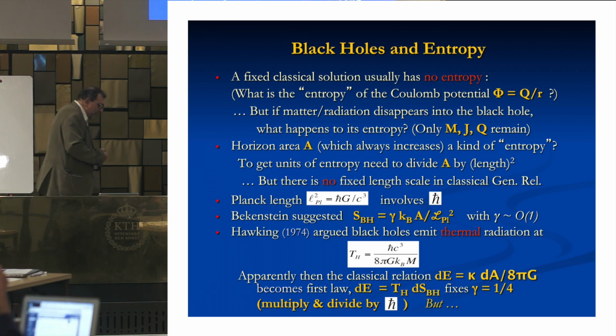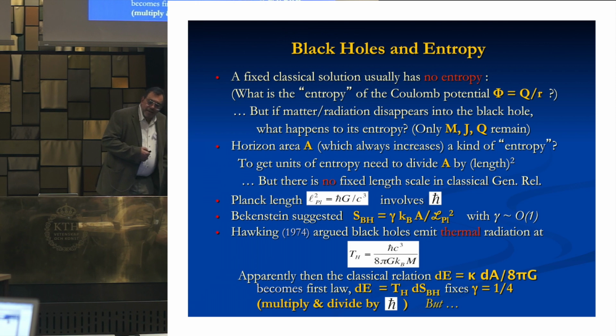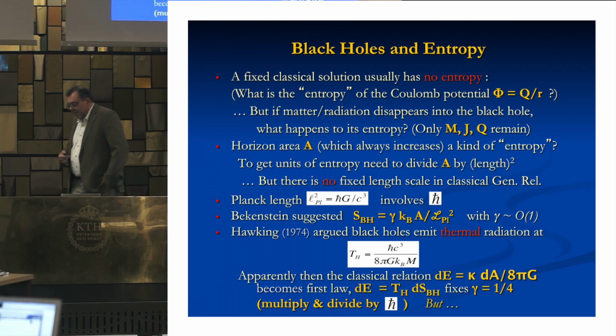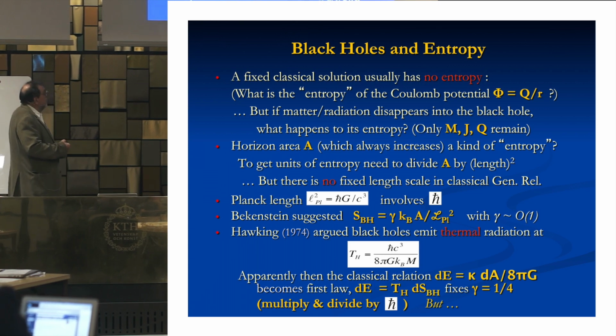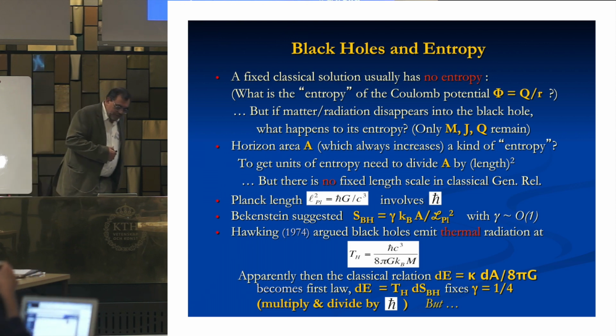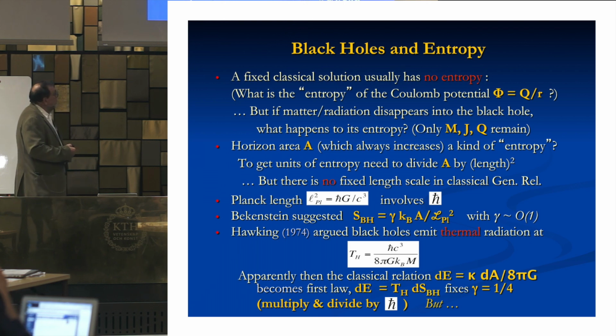But I just want to call your attention to how striking and paradoxical these questions really are. If you walk in off the street and someone tells you that this solution to Einstein's equations has an entropy, if he or she has taken first year classical mechanics or electrodynamics, they say, well, if you have a Coulomb solution, does that have an entropy?